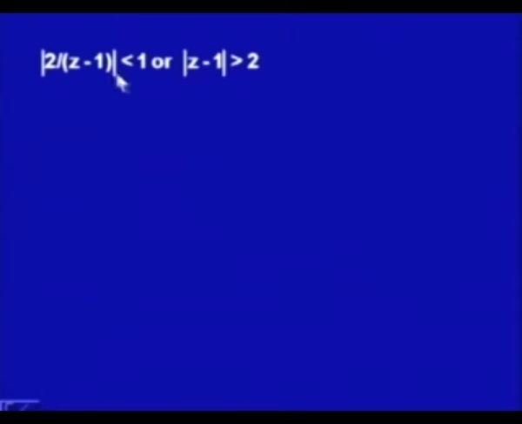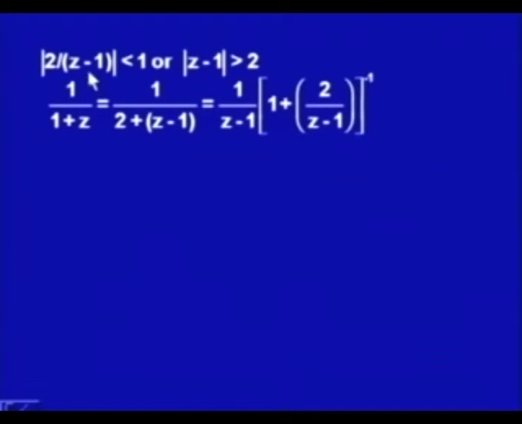In the outer part, when |z minus 1| is greater than 2, there is no singular point outside this, and we can write down |2 upon z minus 1| is less than 1, and in this region we can expand 1 over 1 plus z in this form. Here 2 upon z minus 1 is less than 1.